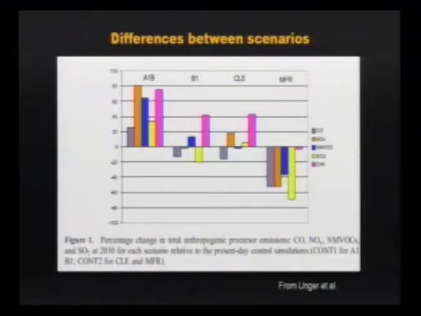In fact, I'm going to speak louder. These are here for certain compounds, the percentage change in the anthropogenic emission in 2030, showing you the A1B scenario, the B1 scenario, the current legislation scenario, and the maximum feasible reduction.